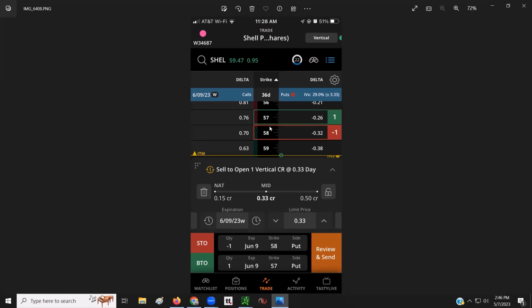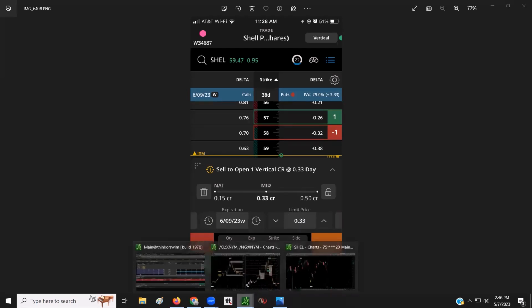These are the strikes I used. Collected $33. I know it says 33 cents, but each contract is 100 shares, so that's equivalent to $33. Again, let's look at the option chain. What happened since then? Again, that's the credit I collected.